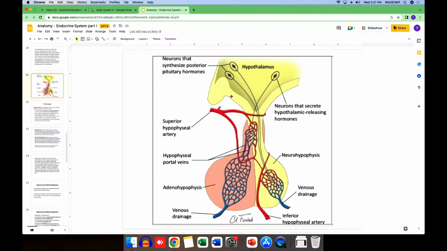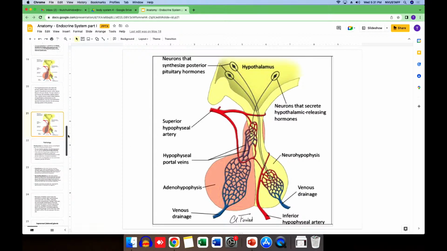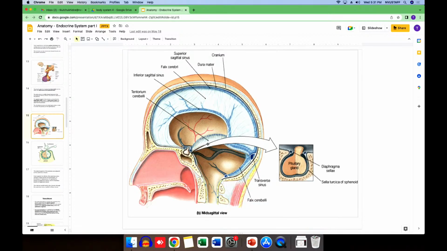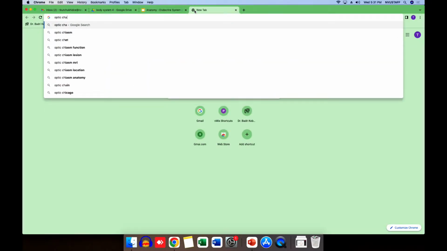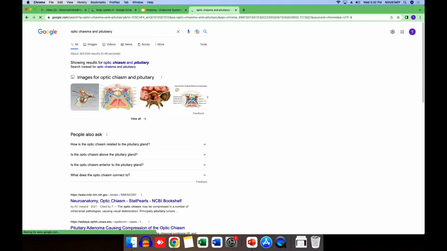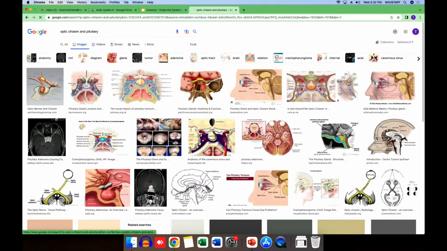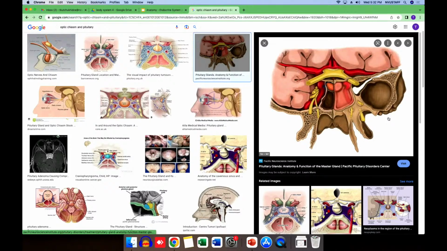Yeah, so the optic chiasma is located in front of our median eminence, in front of our pituitary gland. Let's see another photo for that. Here we are seeing this photo from the posterior side.